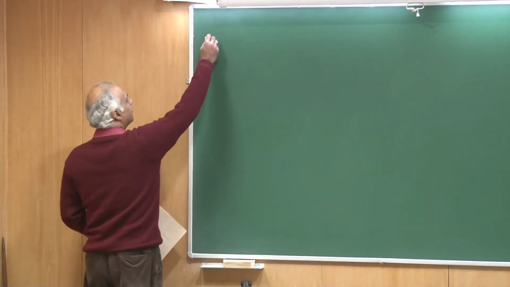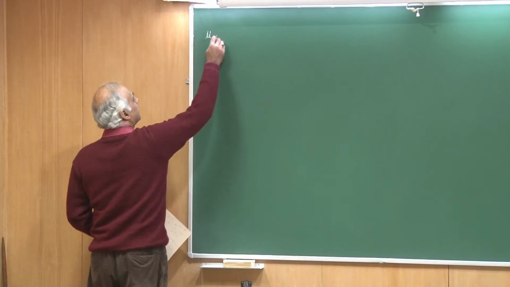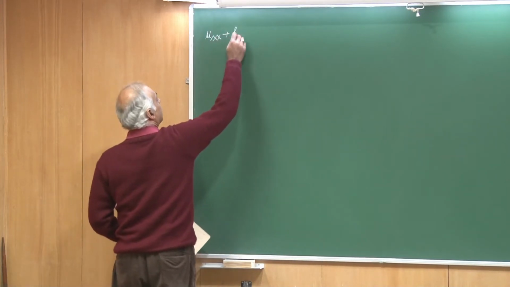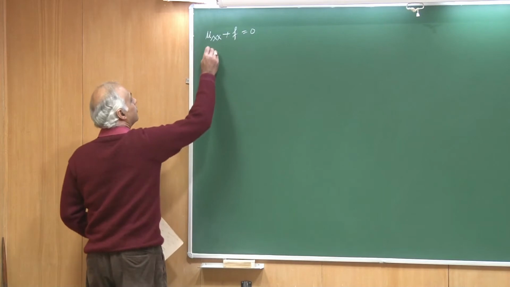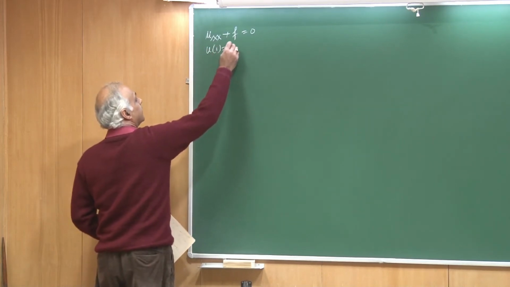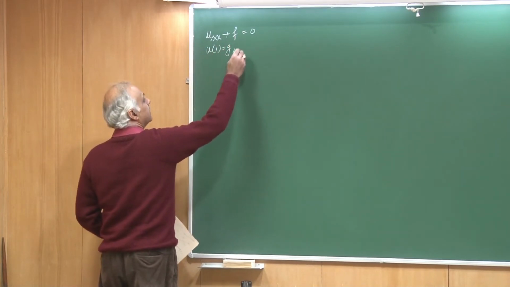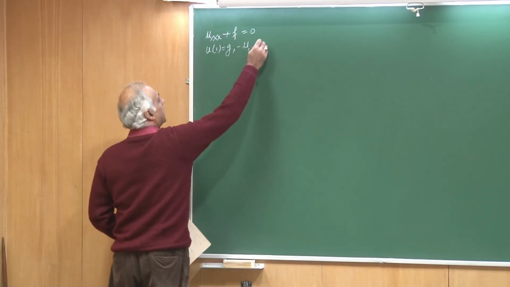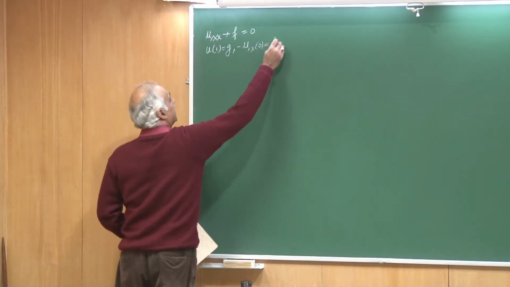So, we started off by looking at the solution to this strong form u_xx plus f equal to 0, and then we had a Dirichlet boundary condition, u(1) is g, and minus u comma x at 0 is h.